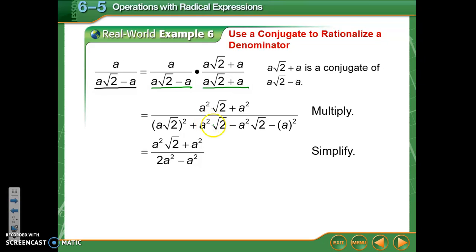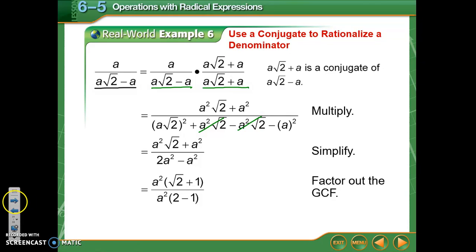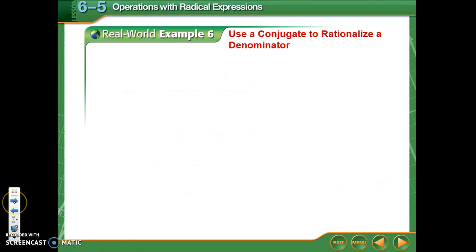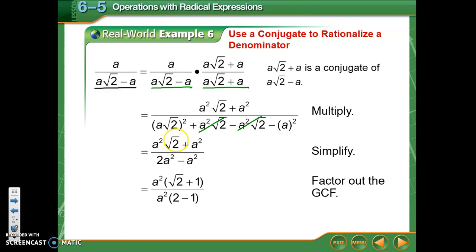In the denominator, my middle two terms cancel out. That always happens when you multiply by a conjugate. So we end up here with 2a squared minus a squared, which is 1a squared. Oops, sorry, that went too fast probably. And then in the numerator, I have a squared times the square root of 2 plus a squared.